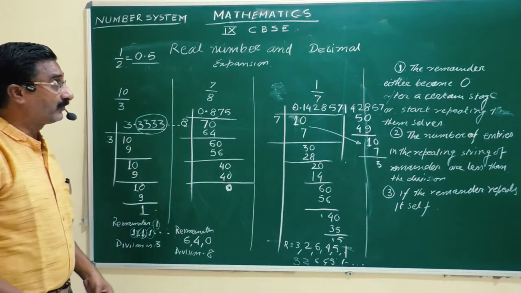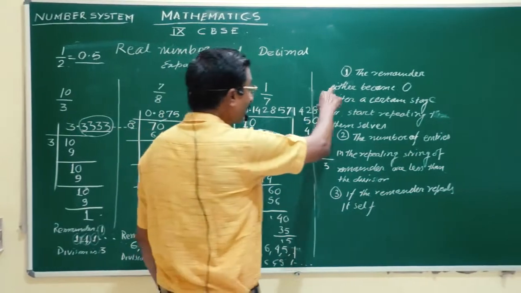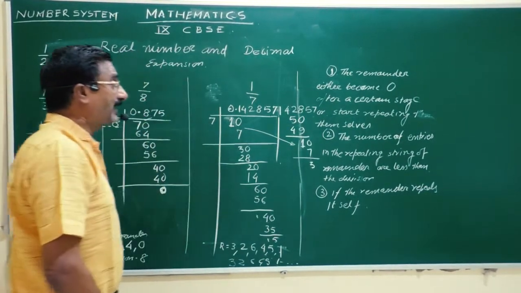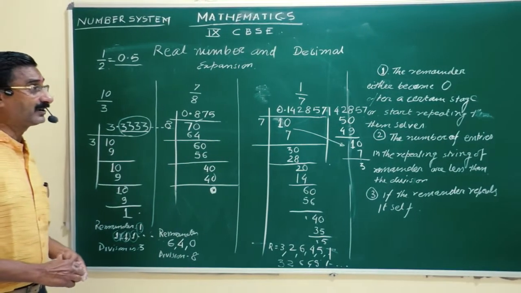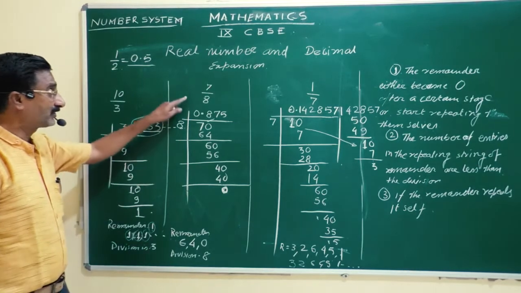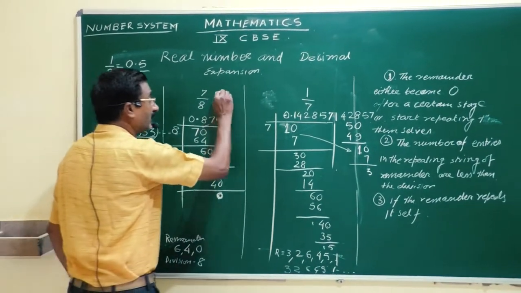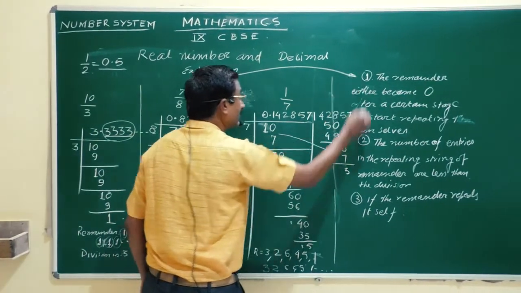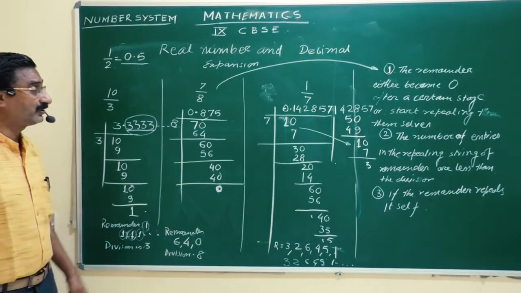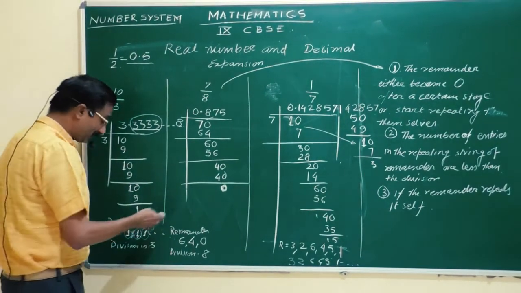Clear? Now what we can conclude: in the second case, after a certain stage, the remainder becomes 0. So this is called a terminating number.